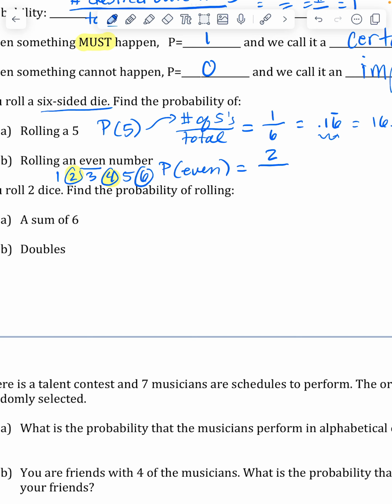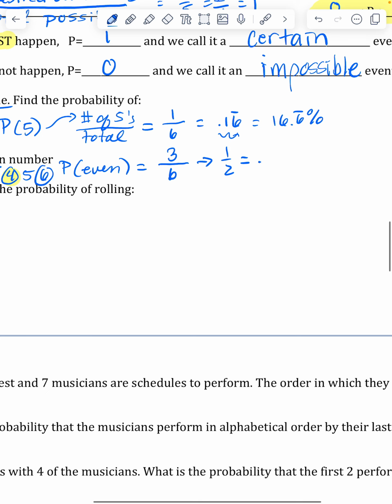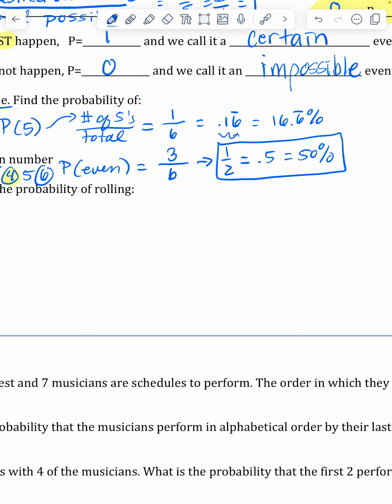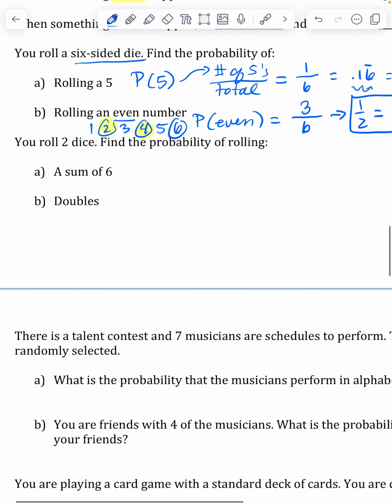So there's also a 6. Wow. Okay. So then that's going to be 2, 4, or 6. And so I have 3 options out of the 6 options, which reduces to a half. I could write it as 0.5 or 50%. So any of these would represent the probability of getting an even number when you roll that one die. I don't know why I had that particular brain fart, but who knows.